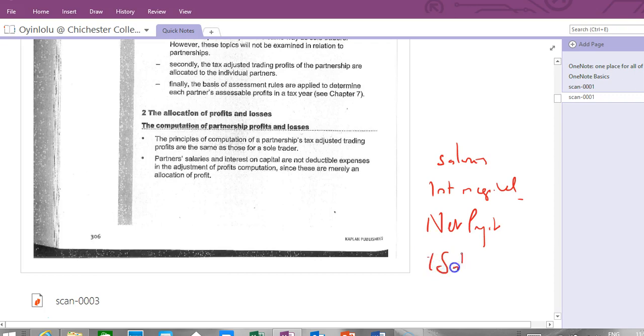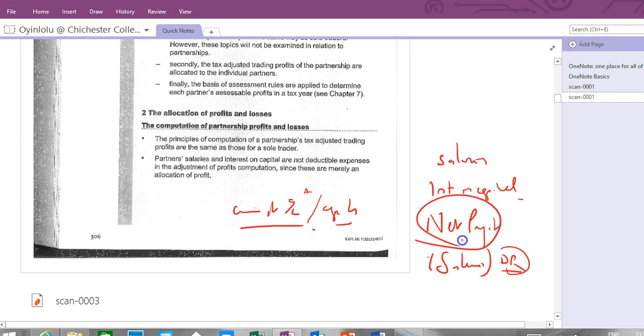So we first have to deduct salaries. When I say deduct salaries, what we're really doing is debiting net profit and crediting the current account of the partner as far as double entry is concerned. It's effectively a share of that profit taken first for the respective partners.